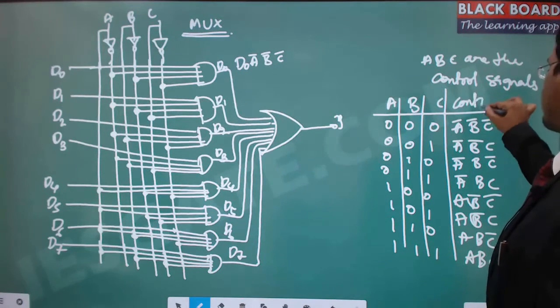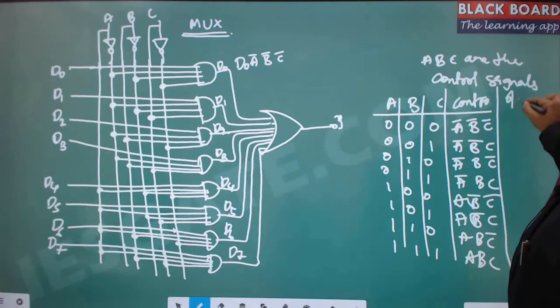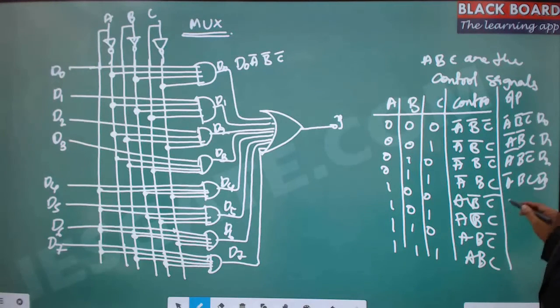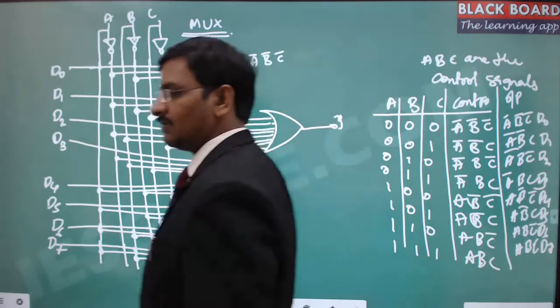So this is the control and the output: A bar, B bar, C bar, D naught; A bar, B bar, C, D1; A bar, B, C bar, D2; A bar, B, C, D3; A, B bar, C bar, D4; A, B bar, C, D5; A, B, C bar, D6; A, B, C, D7. Right? So these are the corresponding outputs in the case of a multiplexer.